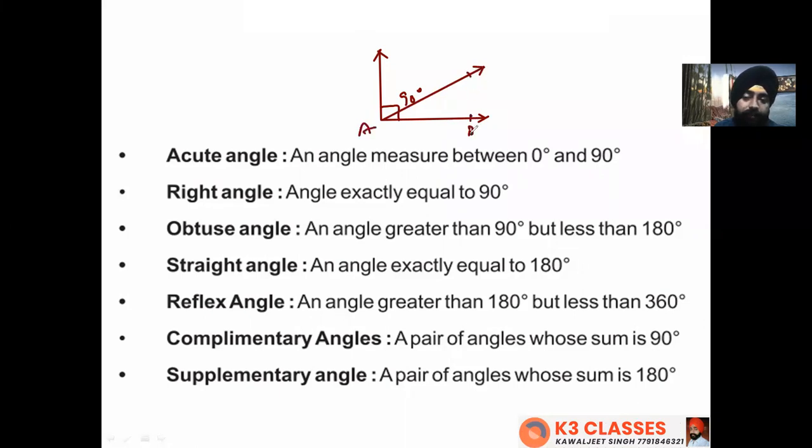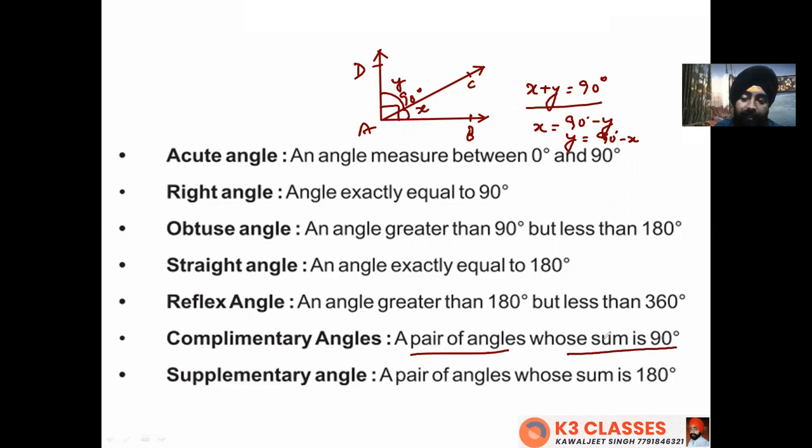So A, B, C, and D, and you can say this angle X and this angle Y. So X plus Y has a sum of 90 degree. So we can say that the angles X and Y are complementary to each other. That means X is equal to 90 minus Y and Y is equal to 90 minus X. So they are complementary angles, the pair of angles whose sum is 90 degree.